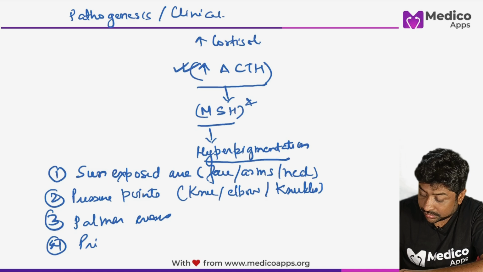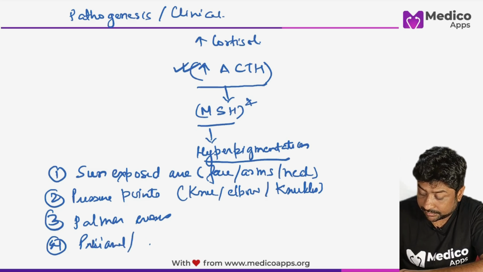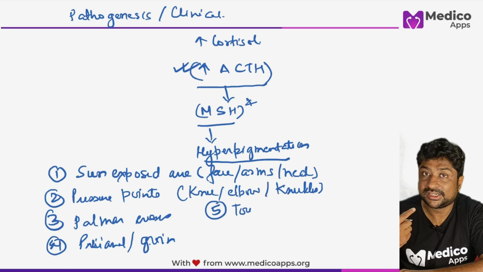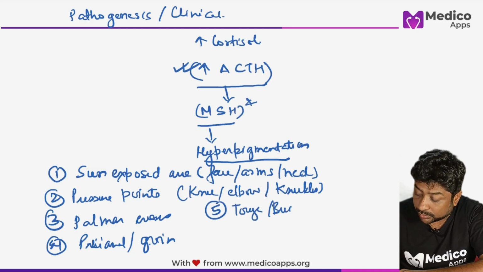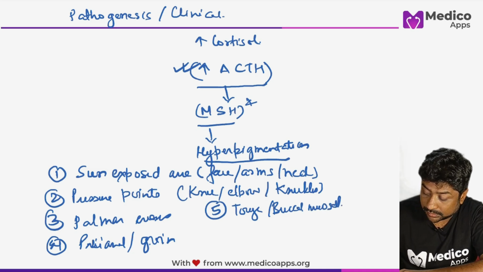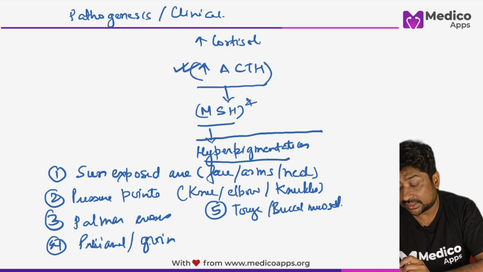They are also found in the perianal region or groin region. Also, there can be increased pigmentation in the tongue and the buccal mucosa. So in these specific places, there will be hyperpigmentation.